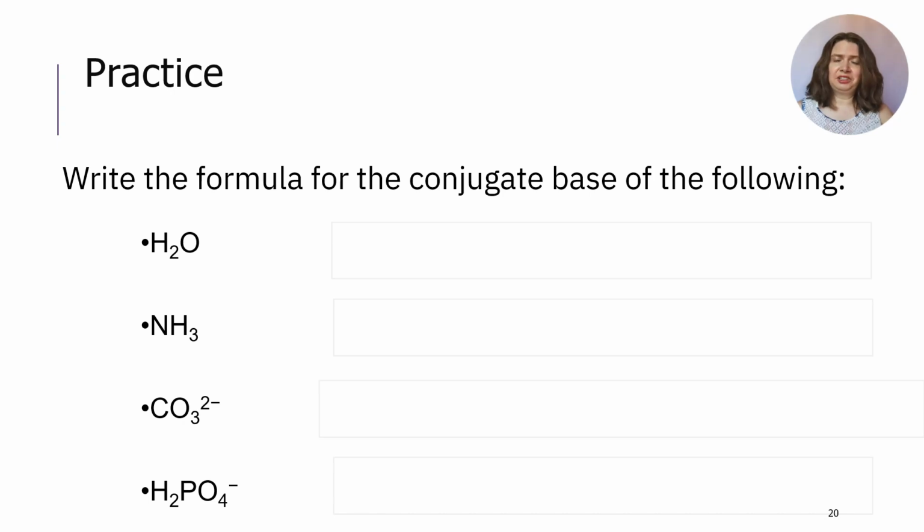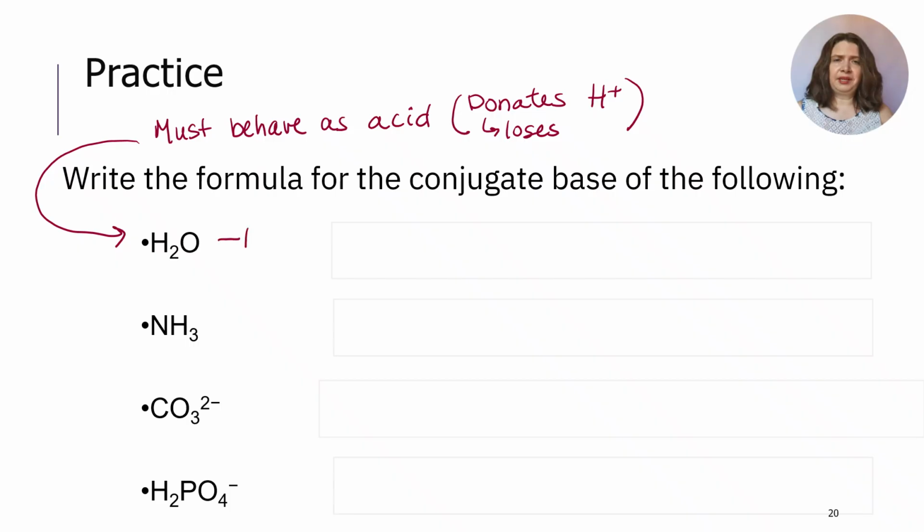Now let's write the conjugate bases for the same substances. If there is no conjugate base, write DNE for does not exist. A conjugate base is formed by removing one H+ ion. The conjugate base of H2O is OH-.